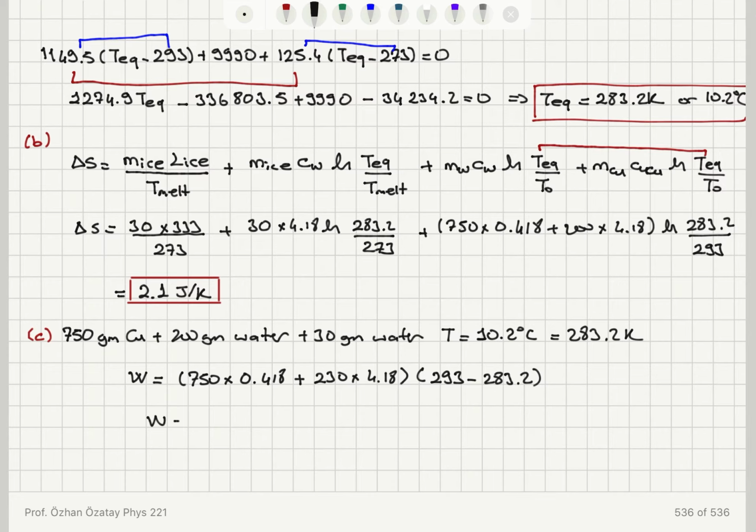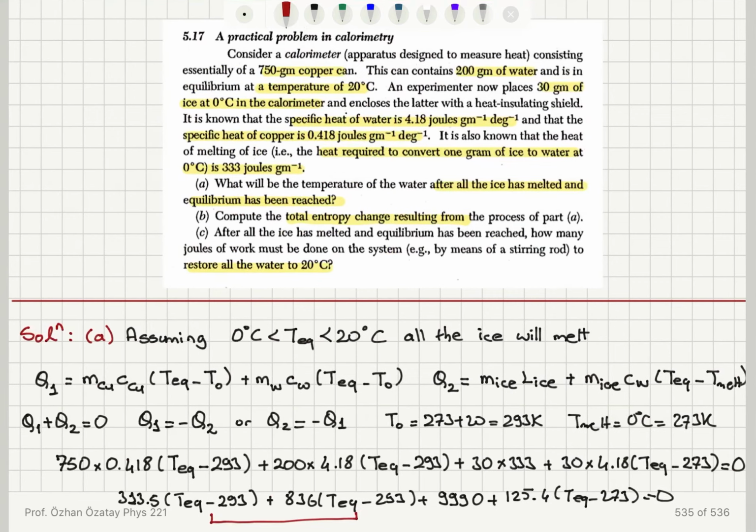So if you calculate this, the numerical value is 1.27 times 10 to the 4 joules. So this is the amount of work I have to do in order to provide this energy that will increase the temperature to 20 degrees Celsius.